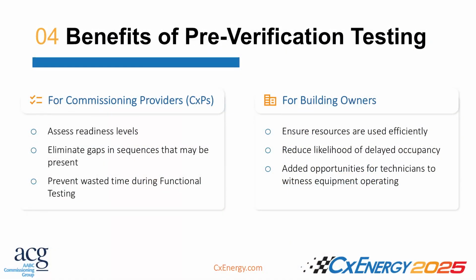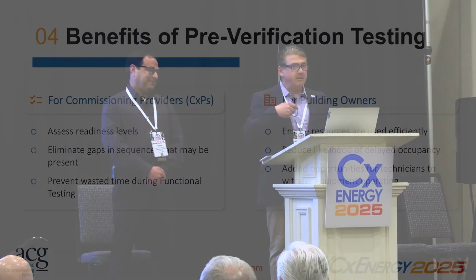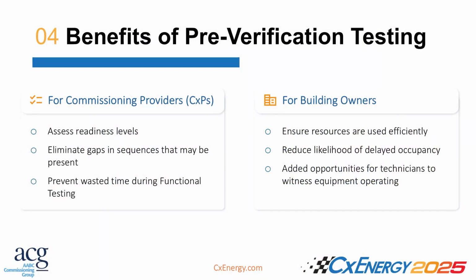And for the commissioning provider, obviously, if I'm getting ready for my functional test, I want that to be successful as well, right? My success is not just because I can come up with a huge list of issues. No. My job there is to validate, right? I'm not doing quality control.